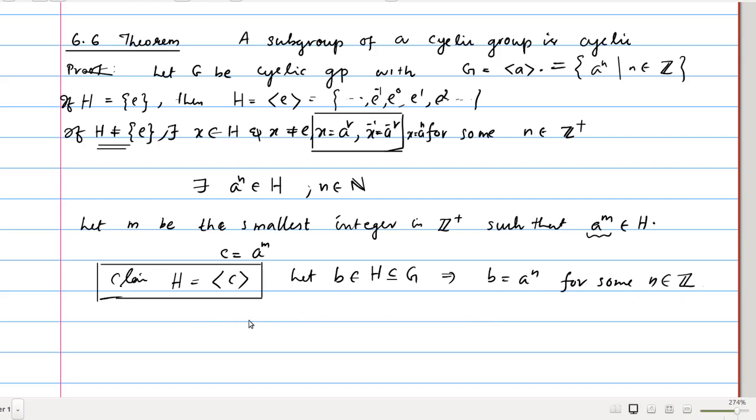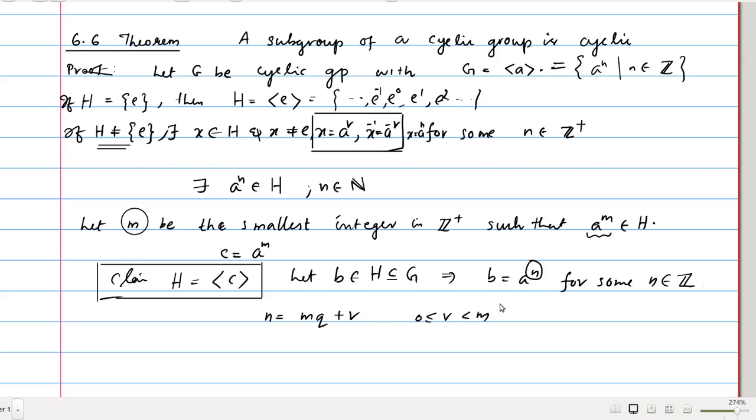Now use the division algorithm. This n is an arbitrary integer of Z, and this m is a positive integer. Then the division algorithm asserts that there exist unique q and r such that n can be written as mq plus r, where 0 is less than or equal to r, which is less than m.